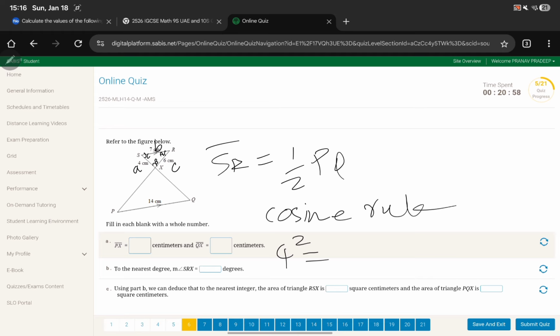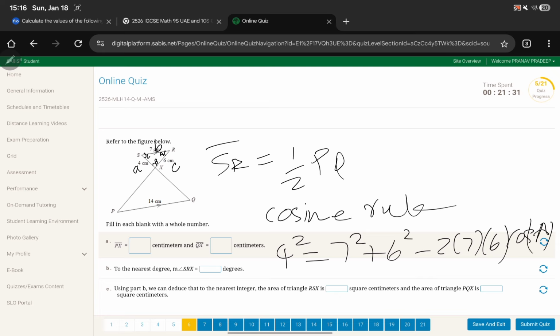So 4 squared equals 7 squared, which is B, plus 6 squared minus 2bc times cos A. Minus 2bc, which is 2 times 7 times 6 cos A. Now it's way easier.